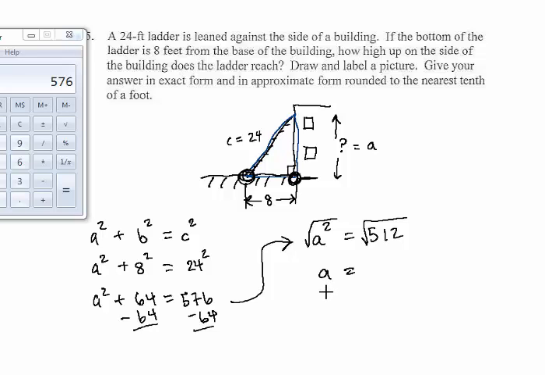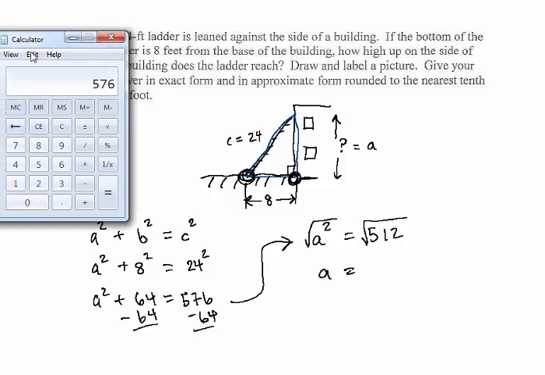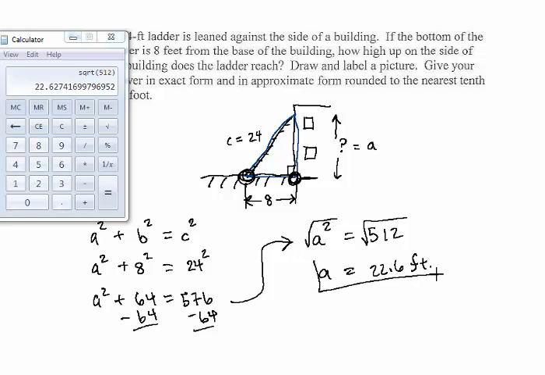So with my calculator, I'll type 512 and take the square root, and we see we get about 22.6. Our 8 and 24 were given in terms of feet, so this 22.6 is also going to be in units of feet. So here is the answer that we were looking for.